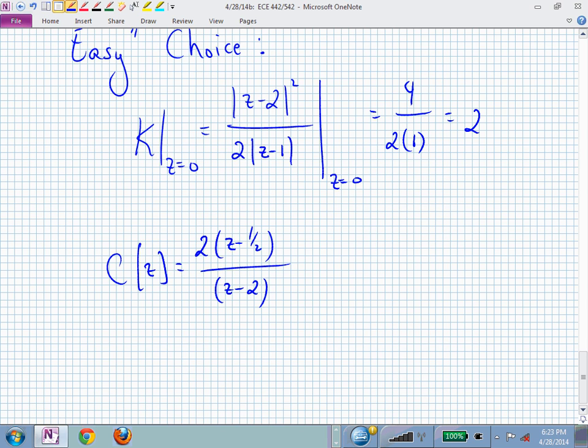And if you were given more time, you could find the range of k for stability. But you know it's centered, or not centered, but it's somewhere bounding 2, isn't it? It can be a little bit less than 2, a gain value a little bit.